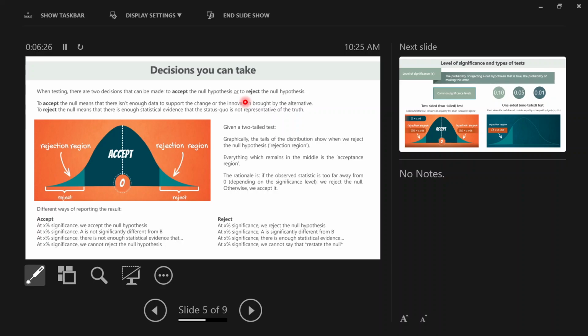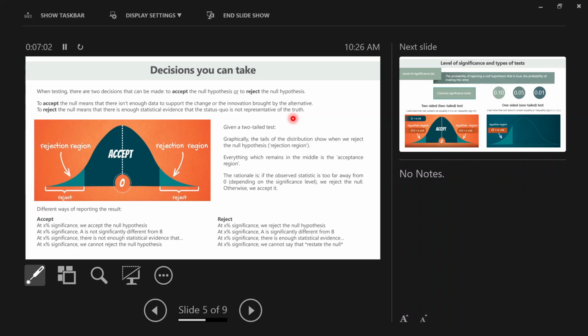When you reject, it means now you are guilty. So to accept the null means there's not enough data to support the change or innovation brought by the alternative. And when you reject the null, it means there's enough statistical evidence that the status quo is not representative of the truth. So now you have enough evidence.